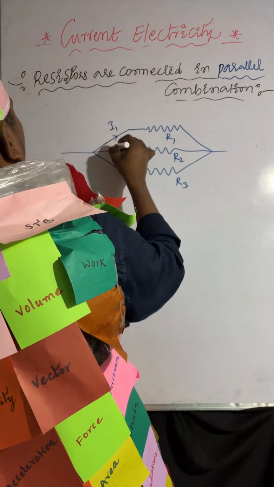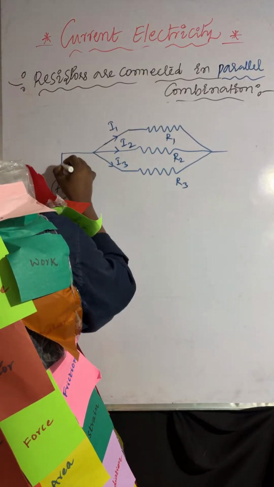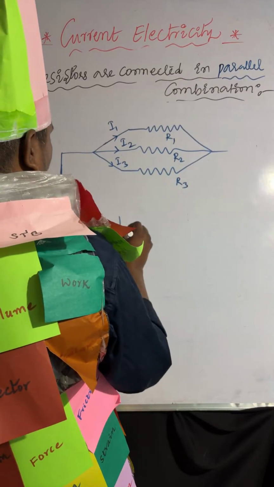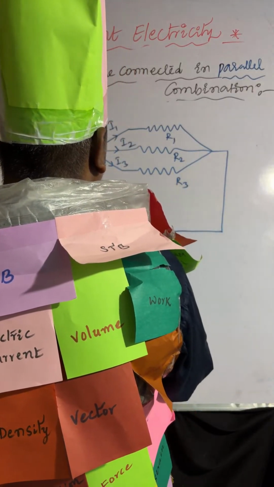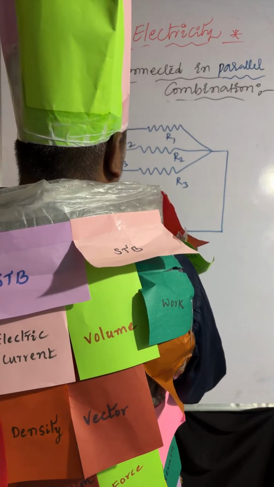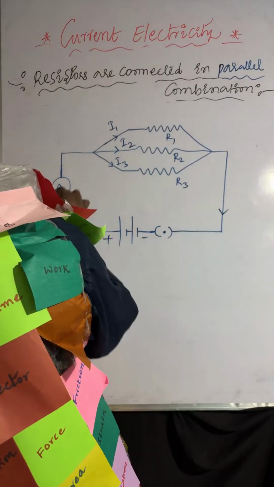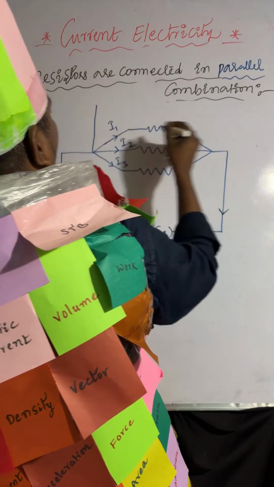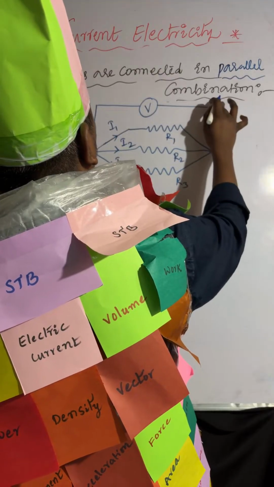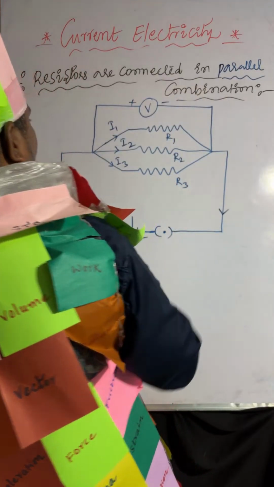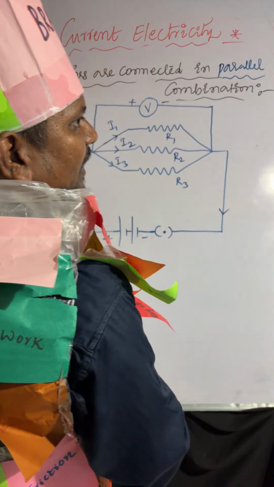Here I1, I2, I3, and here V is there, V. Now resistors are connected in parallel combination.